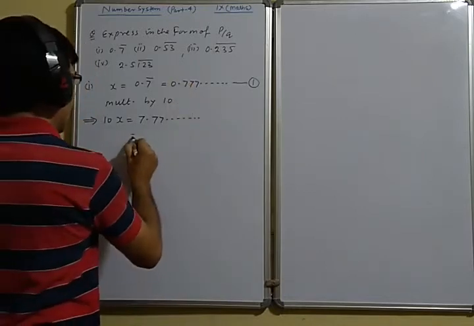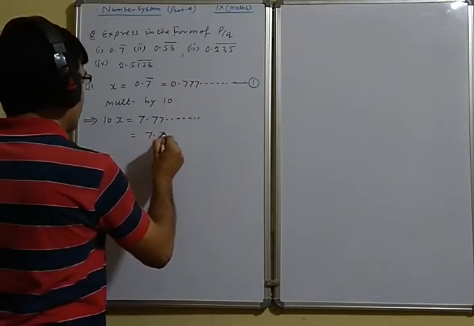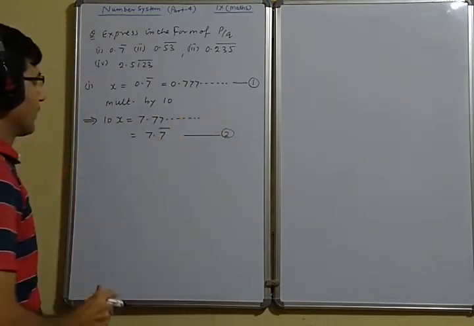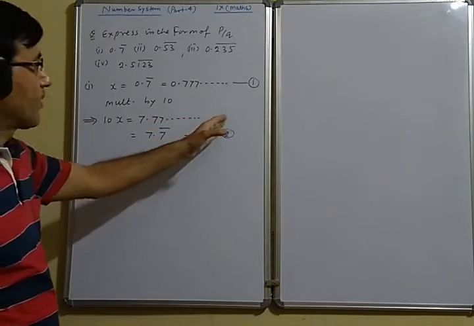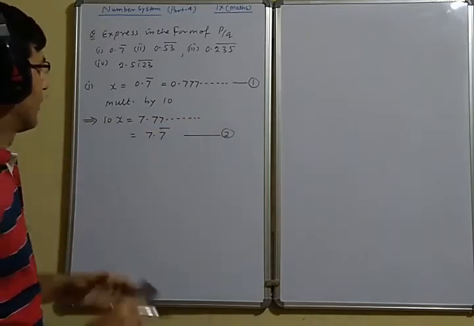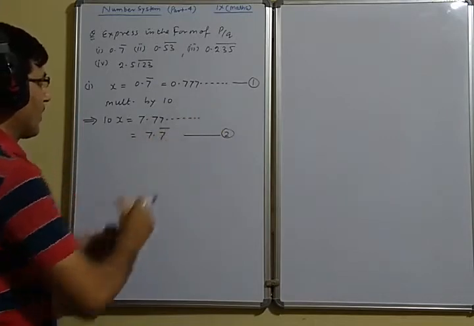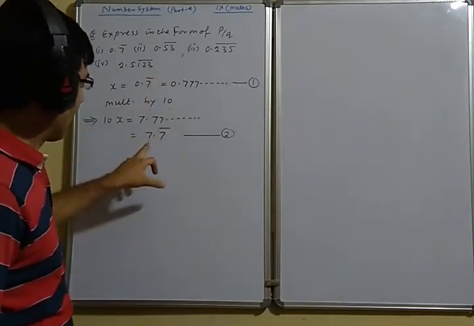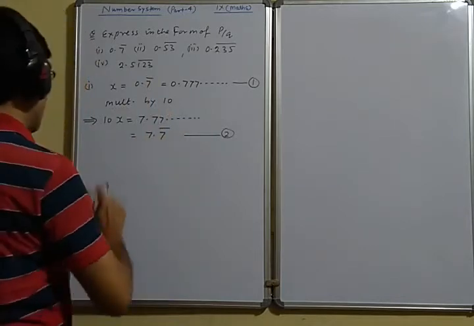So this we can write as 7.7 bar. That is equation number 2. So now you see from equation 1 it is 0.7 bar, and it is 7.7 bar. So now on subtraction.